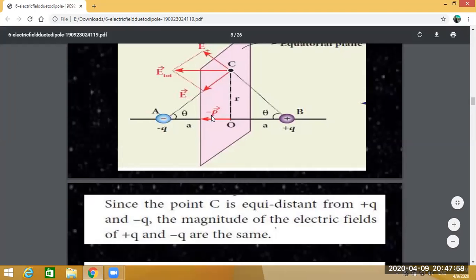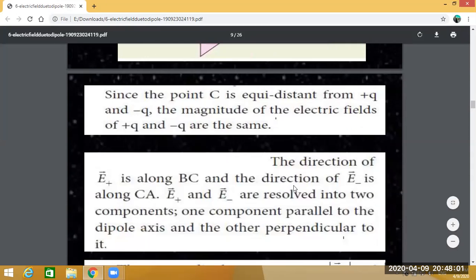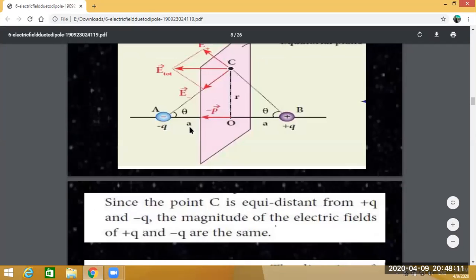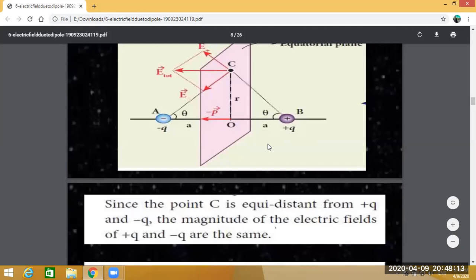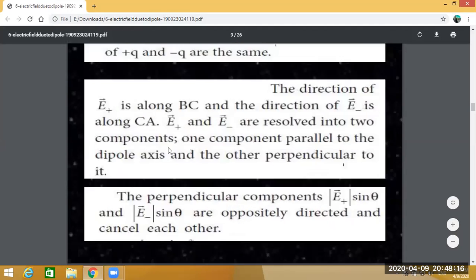Similarly, the direction of electric field due to the negative charge is along CA, C to A. Electric field E plus and electric field E minus are resolved into two components, one component parallel to the dipole axis and the other component perpendicular to the dipole axis.